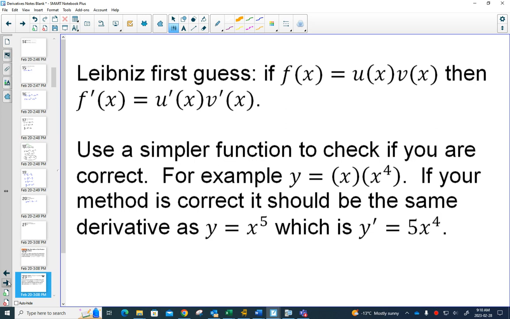Notice that if you did the derivative of them separately, the derivative of x would be 1, the derivative of x to the 4 would be 4x cubed, and if I multiply them, it doesn't equal that. So I can take a simple example, try what I think, and find out that it doesn't work.